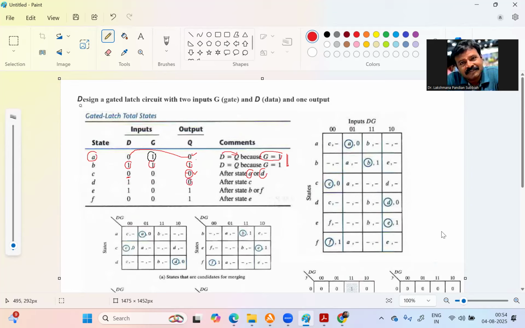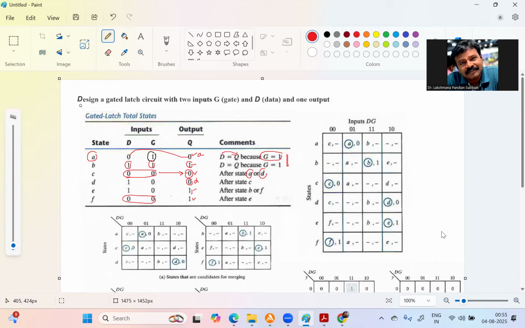Now applying 0, 0 you will get 1 when we already have state 1. So that is after B, this is state 1, and this is the output.